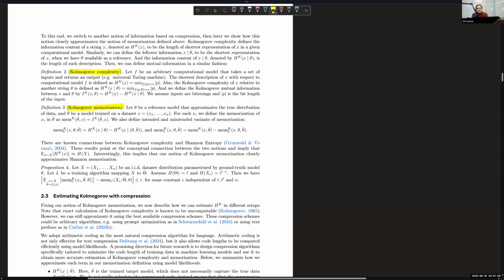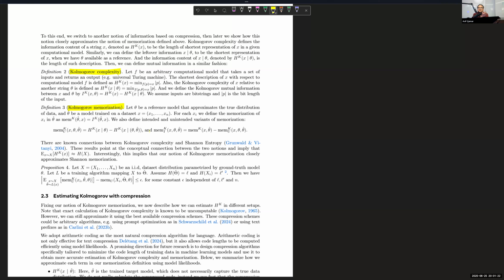So they say that let theta be a reference model that approximates the true distribution of the data. By reference model, you might almost take the perfect model or the ground truth model. In reality, what it means is that take a really big model, or other frontier model, and its understanding of the data, and let theta hat be the model trained on the data set.